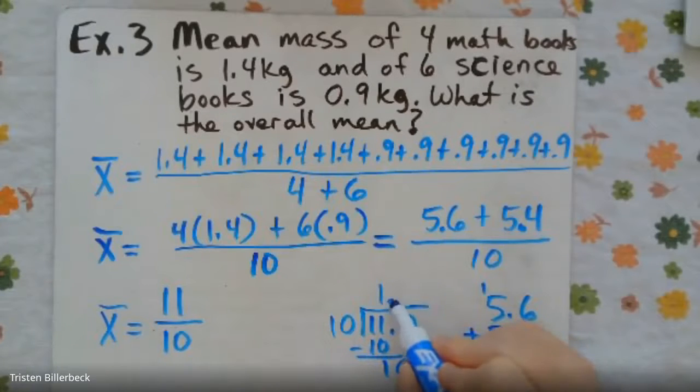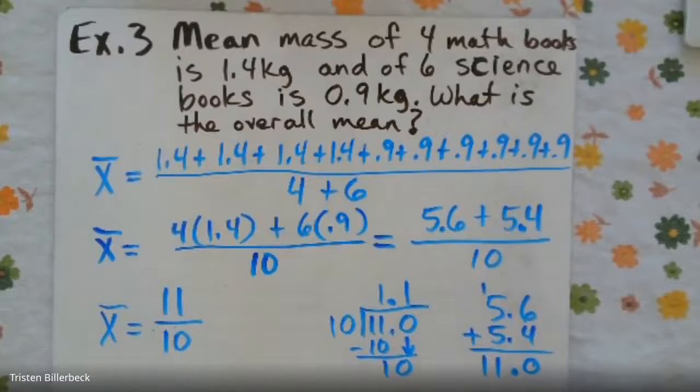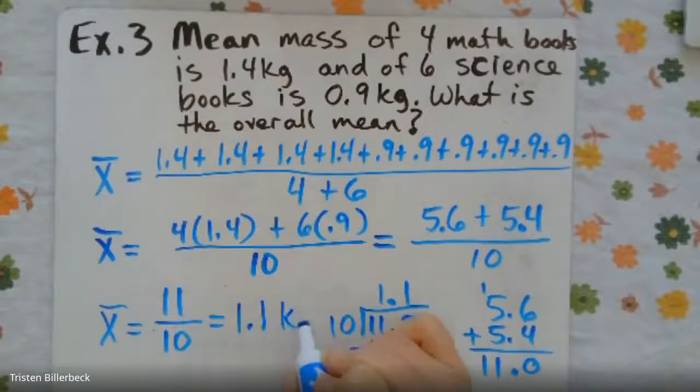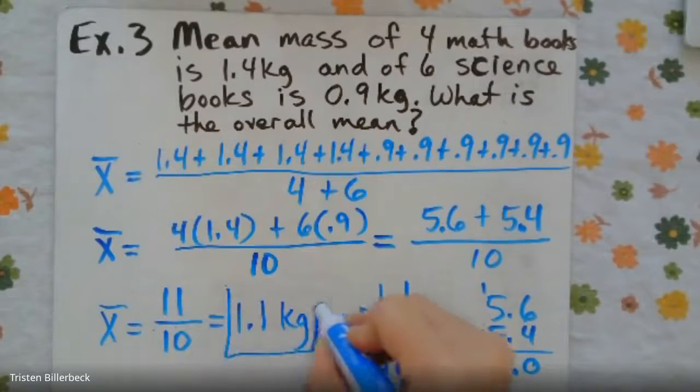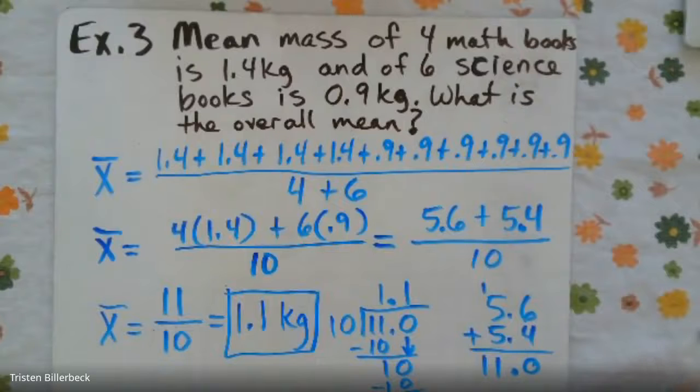And there is 1 ten in 10. So subtract, and we get that. So this equals 1.1 kilograms. So that's the average weight of the science and math books.